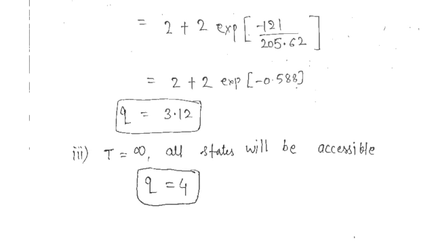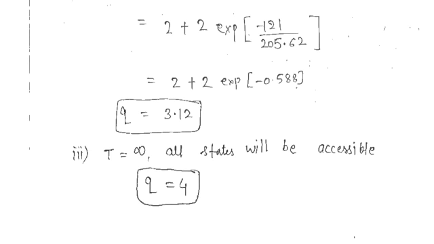So in total there will be 4 energy states, and at temperature infinite all the energy states will be accessible, so the partition function will be 4.